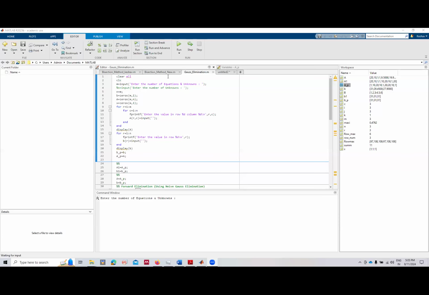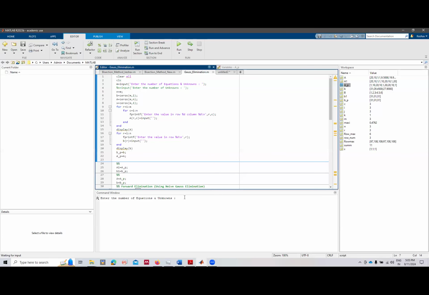This program I have also made in MATLAB. Suppose I simply run it. See, it is asking for the number of equations and number of unknowns. Sorry, I need to share the screen again. So, share screen. See, suppose I just run again.